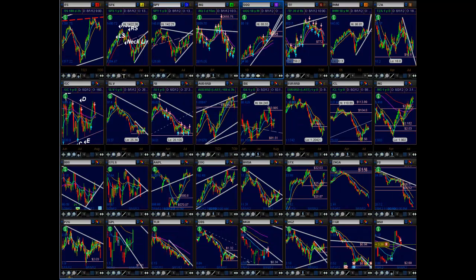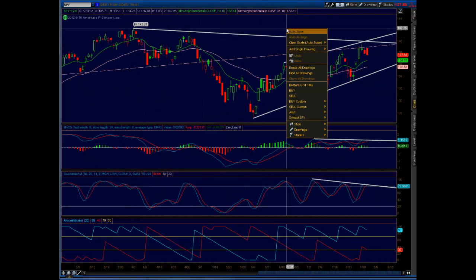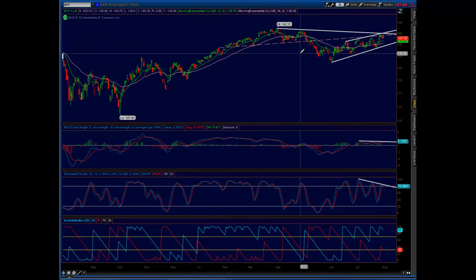Finally, let's look at the SPYs first, and then we'll look at the cash index of the S&P, only because there are a little bit of similarities, but at the same time you can see some differences in what's going on in the cash index.